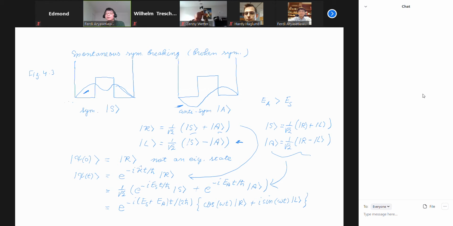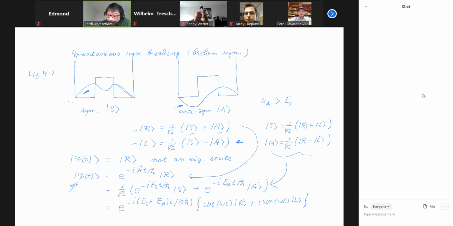So if we look at the probability of finding this state on the right and on the left states, then we see that they kind of oscillate.